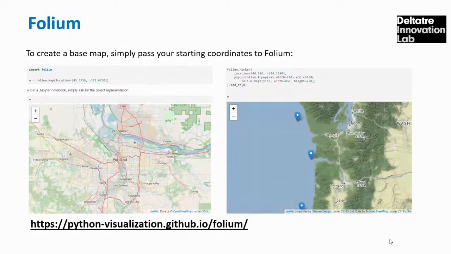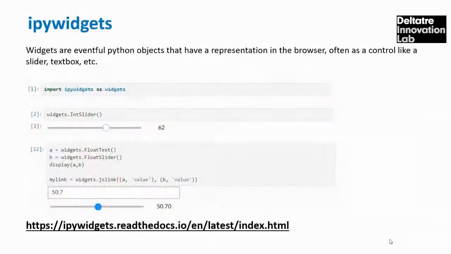So we can use in our Jupyter notebooks Folium, an open source Python framework, with which, with a few lines of code that you can see on the right, we can build a map, an OpenStreetMap.